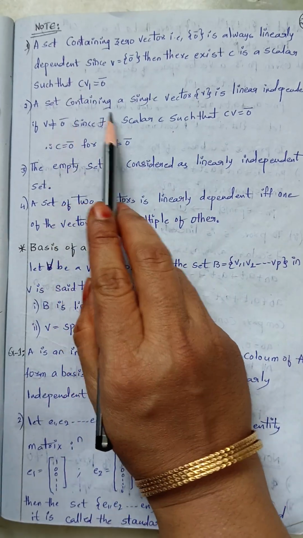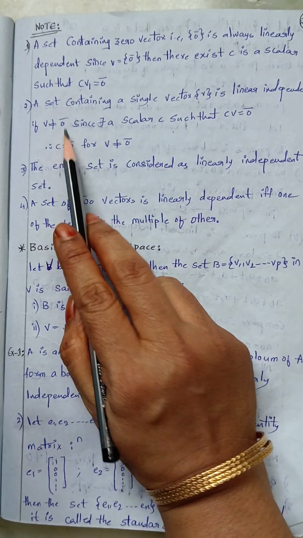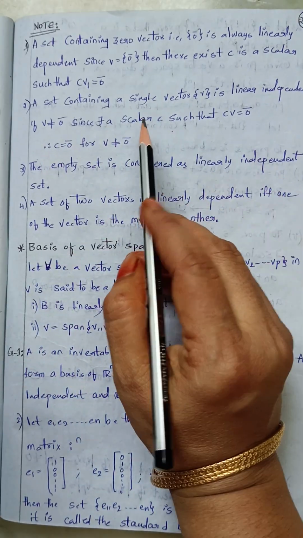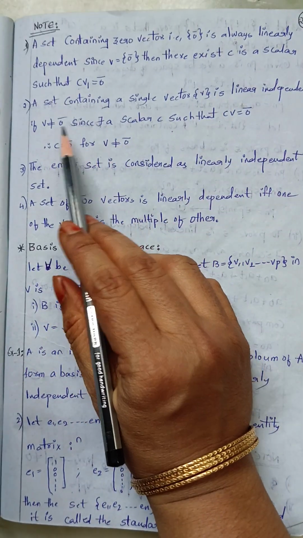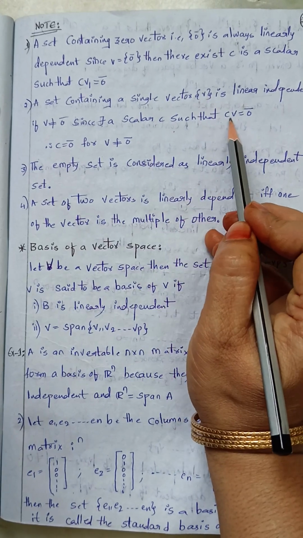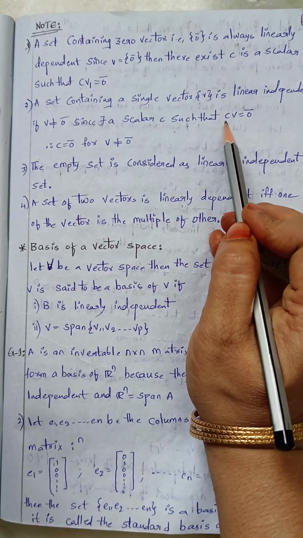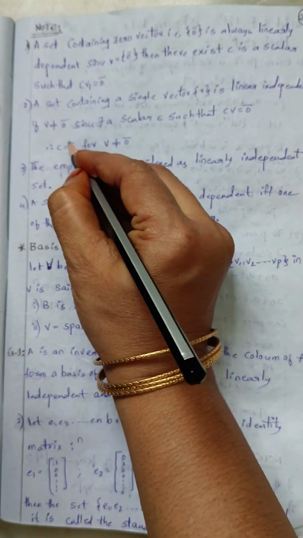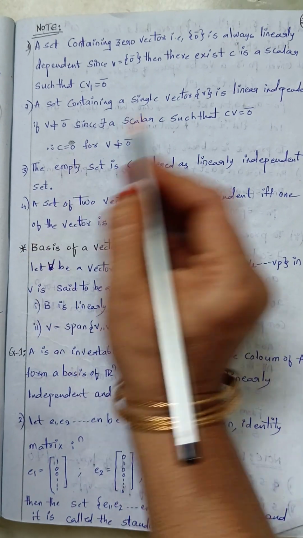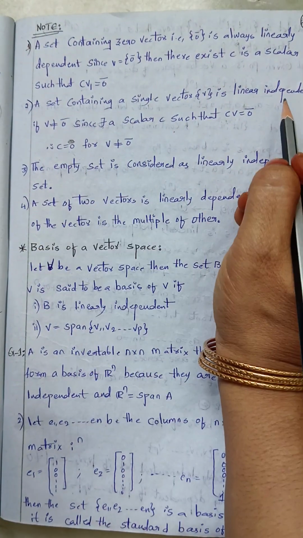Whereas a set containing a single non-zero vector is linearly independent, because when you take the linear combination with V non-zero, a product being 0 means the scalar must be 0. So C is 0. Here only one scalar is given and all the scalars are zero, that's why it is linearly independent.